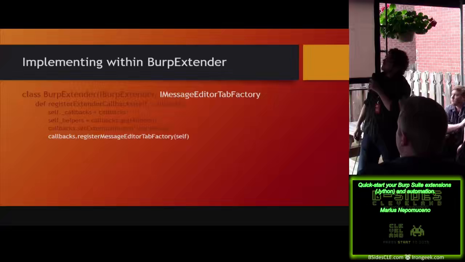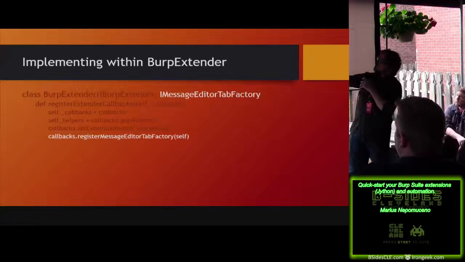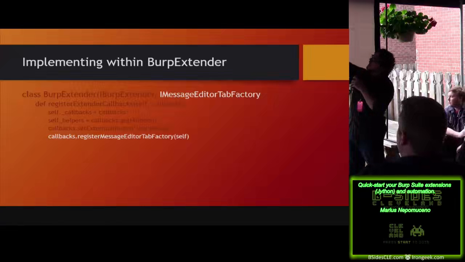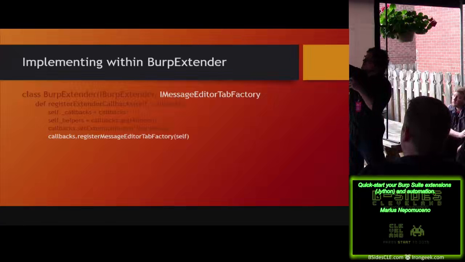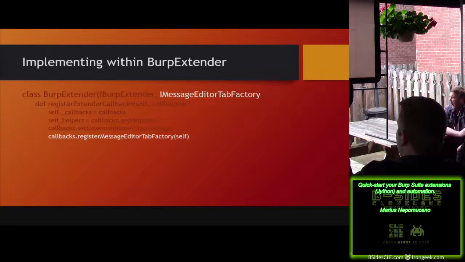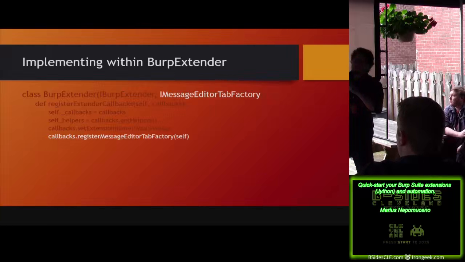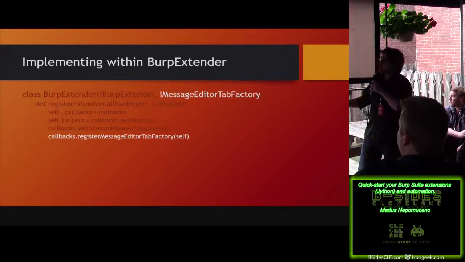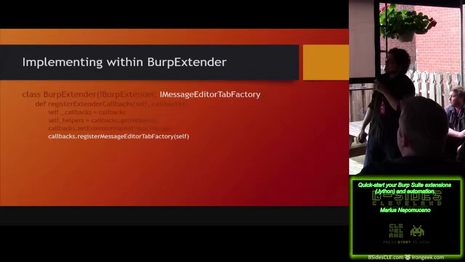Here's an example. I'm implementing my own Burp extender class as a message editor tab factory, and then when I call my register method, it's going to be called registerMessageEditorTabFactory, and I'm just passing self because it's in its own class. So it's in the actual Burp extender class.